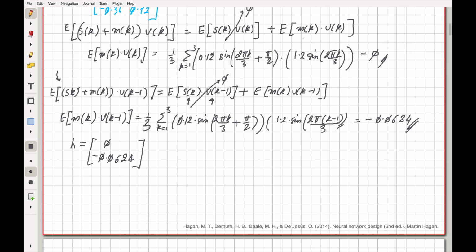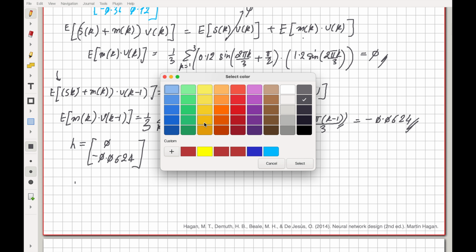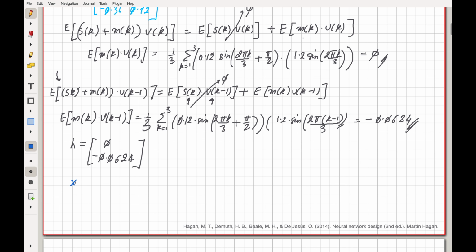Now based on this we can calculate the value for x star, which is going to be the inverse of r dotted with h. The value we have for r is 0.72, 0.72, minus 0.36, minus 0.36.